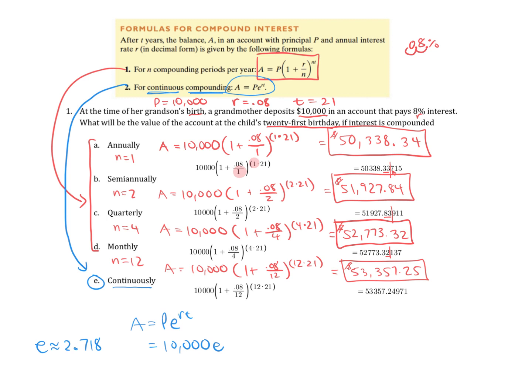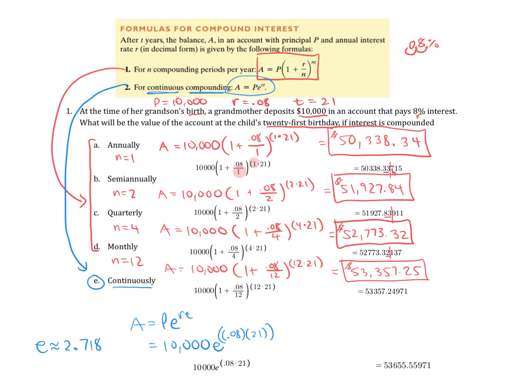So we type E and the calculator knows what that means, and then you insert an exponent and raise it to the RT power. R is still 8%, so 0.08 times the time, which is still 21 years, and your whole exponent needs to be in parentheses if you're using Desmos, so go ahead and plug that in.